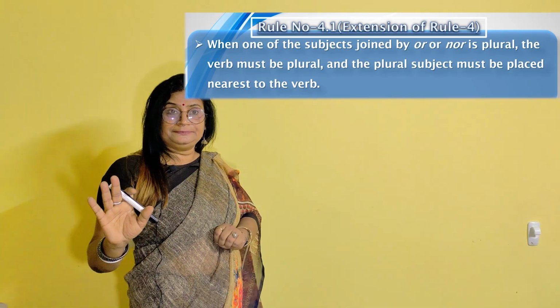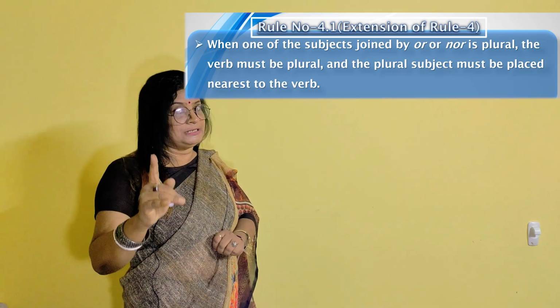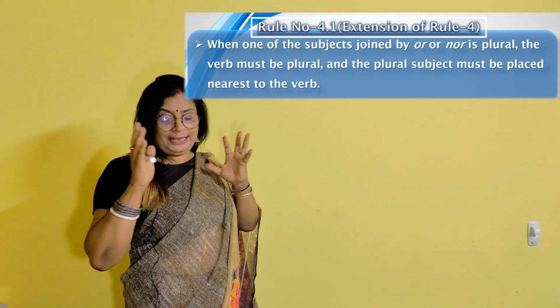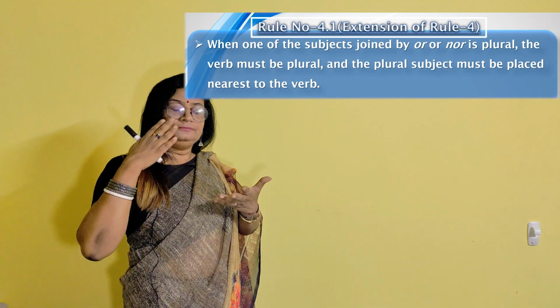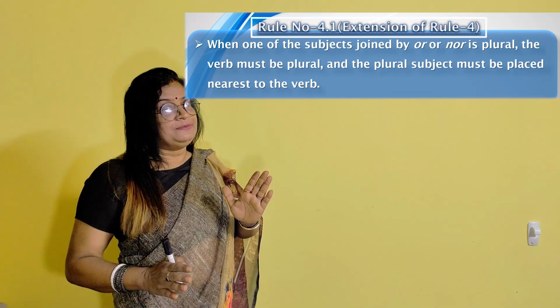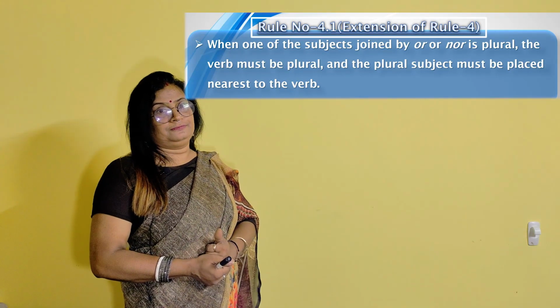Okay, got it clear? Again I am repeating, when one of the subjects is plural joined by or nor, the verb must now be plural, and the plural subject should be placed nearer to the verb.